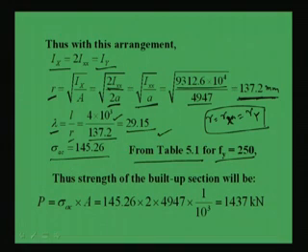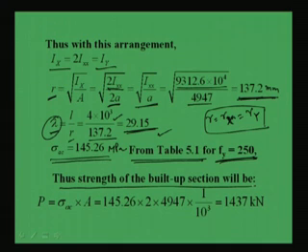From table 5.1, this is coming sigma AC as 145.26 MPa, right. So, corresponding to lambda as 29.15 and Fy as 250, from table 5.1 of IS 800, we can find out sigma AC as 145.26 MPa.